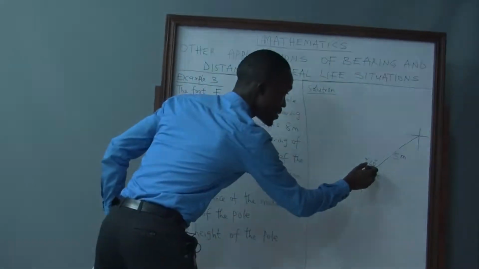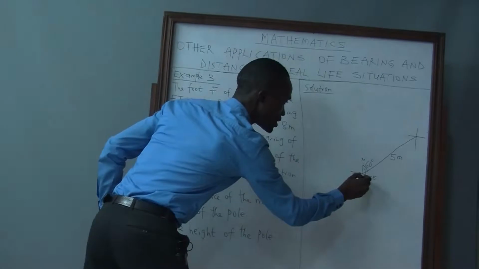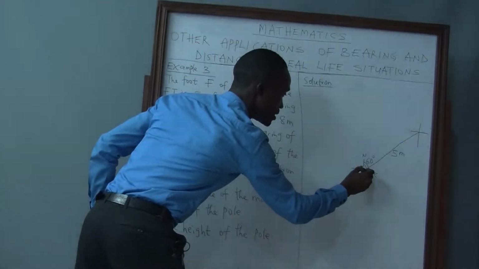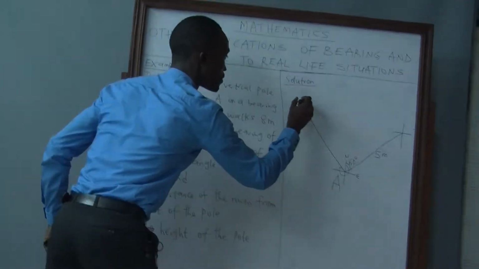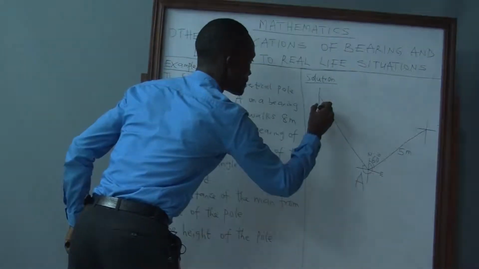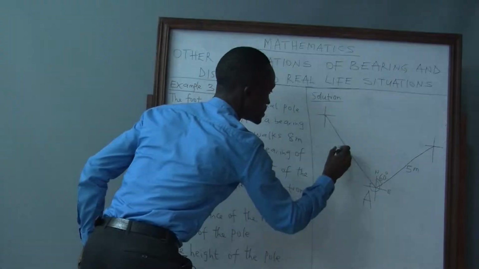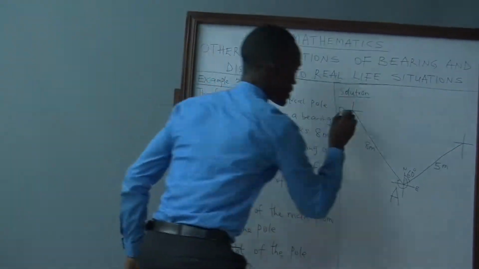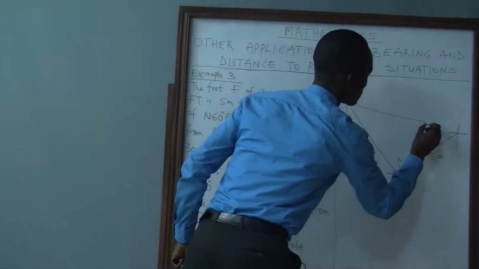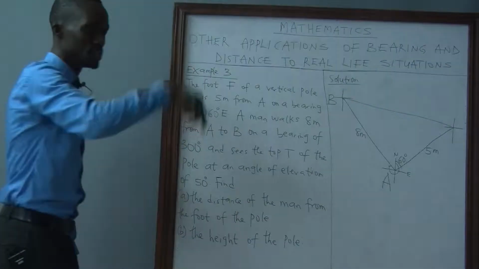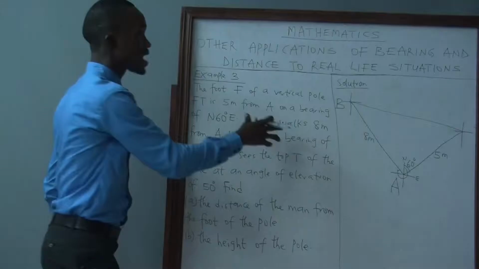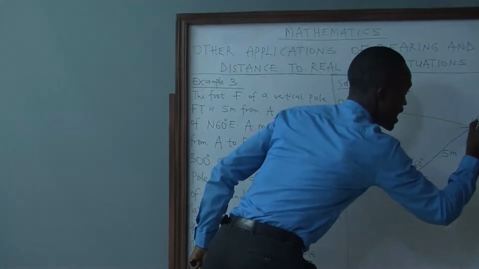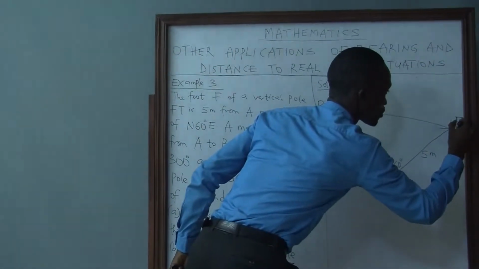So the man from A now walks on a bearing of 300°, a distance of 8 meters. This is 8 meters to B. Now on getting to B, the man now observes the top T. Now this one is the base F of the pole that they are talking about.